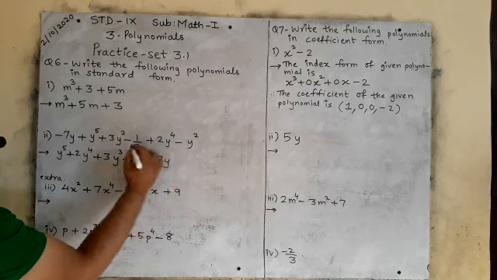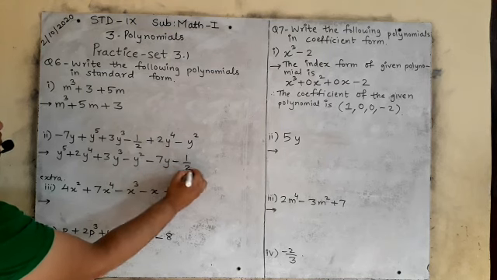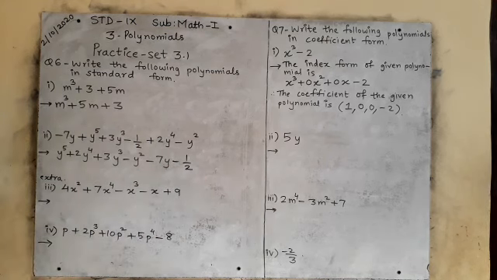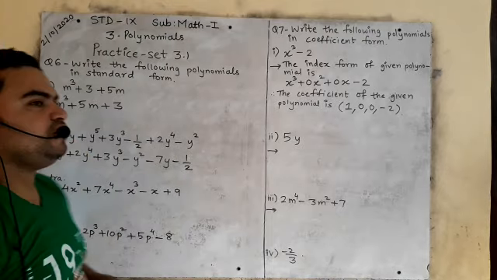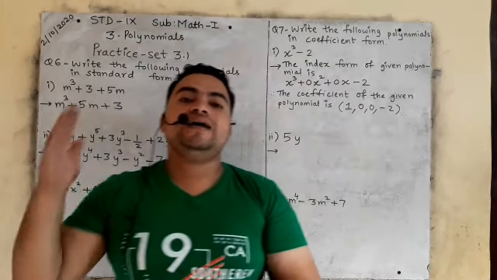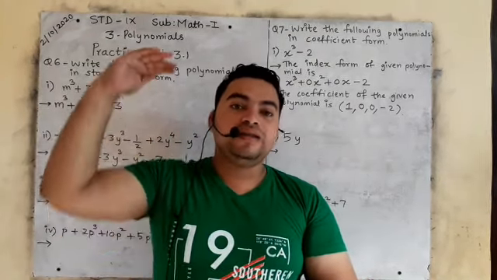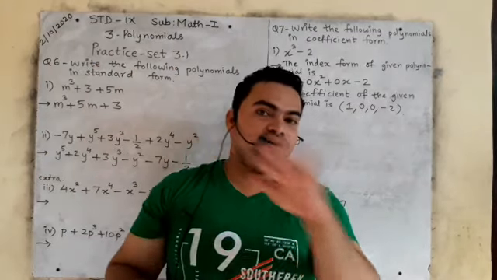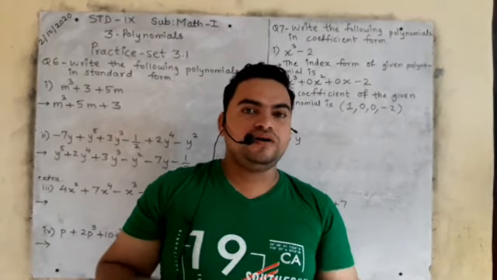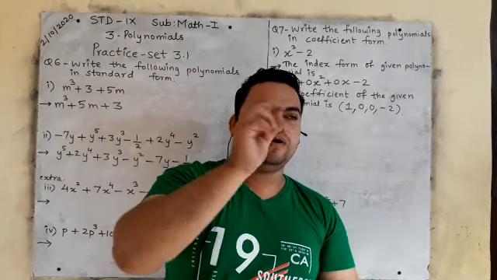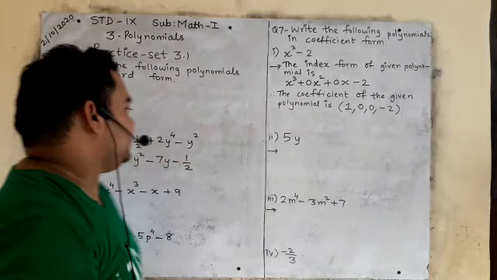Then what is left over? Minus 1 upon 2. So this is how we have to arrange these given polynomials according to their index, according to their power in the descending order. Bigger, smaller, smallest.